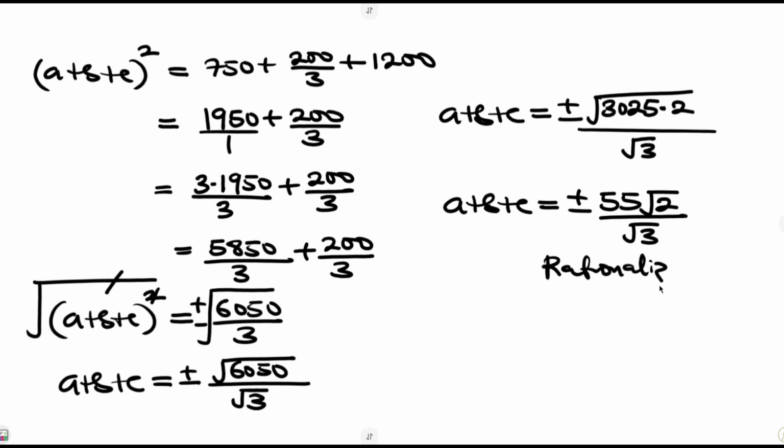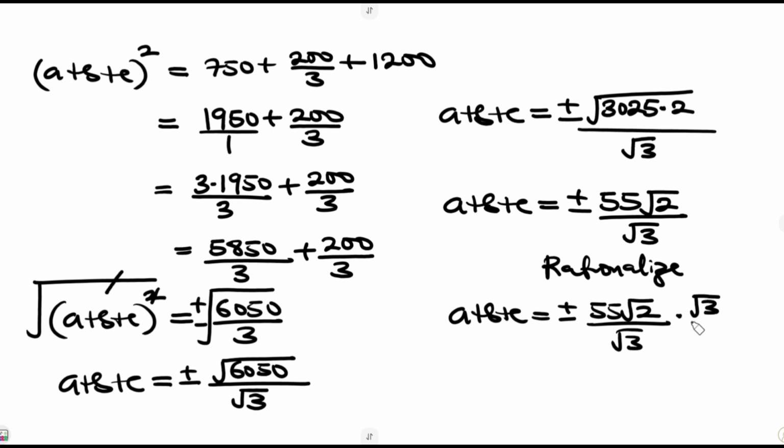So on rationalizing, what do we have? We have a plus b plus c equal to plus or minus 55 root 2 all over root 3. Now to rationalize, it means we multiply by the square root of 3 and divide by the square root of 3.